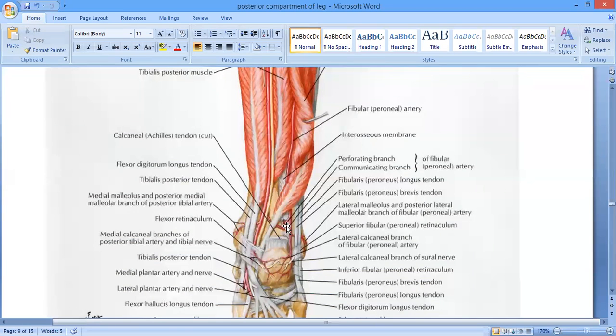So sometimes you used to ask, if the anterior tibial artery terminates in the lower part of the anterior aspect of the leg, then where will the dorsalis pedis artery come from? So basically the dorsalis pedis artery, or the blood supply of the lower anterior aspect of the leg, is replaced by this perforating branch of the peroneal artery. Okay, will you remember this?